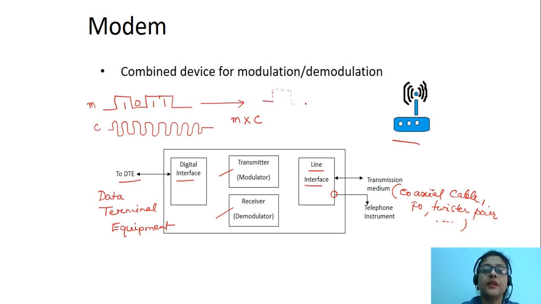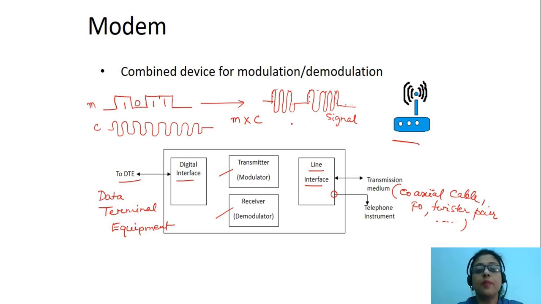It will take its proper shape, and instead of pulses, you will now get the carrier signal over here, like this. So this becomes a signal now, and it can be easily passed through the transmission medium. This is about modulation.